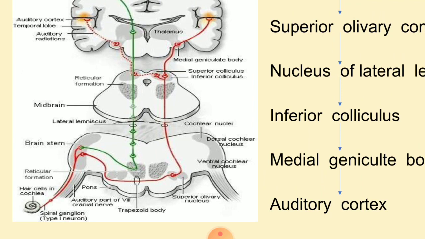From the cochlear nucleus the axons arise, which either run ipsilaterally or to the opposite side to join a bunch of fibers called the lateral lemniscus.